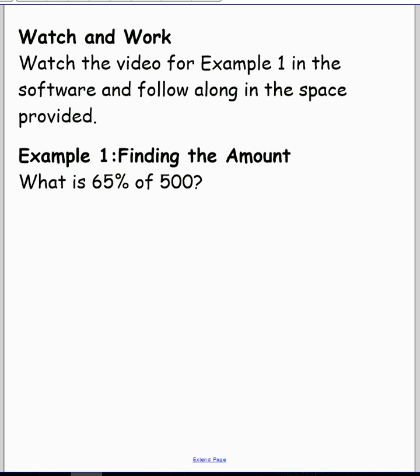Sorry about that. So now let's take a look at an example. What is 65% of 500? So again, of links the B value, and is links the A value.